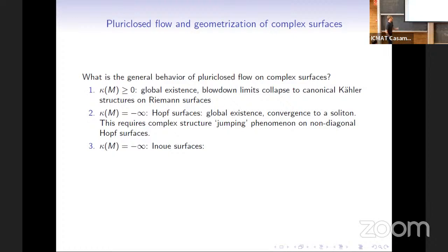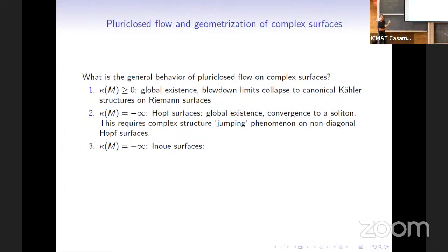I think what you say is the hint for maybe why there's some K-stability obstruction. But unfortunately for surfaces, as I mentioned, these non-diagonal Hopf surfaces don't have any GK structure at all. So it can't happen because you don't have any GK structures to begin with. But what almost certainly happens to the pluriclosed flow on those manifolds is it will converge to a generalized Kähler Ricci soliton on the degenerate limit, which is the diagonal Hopf surface.